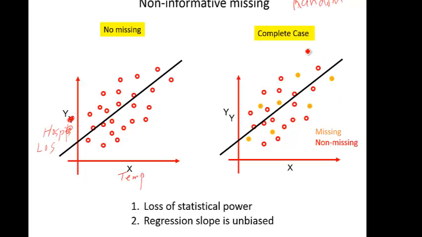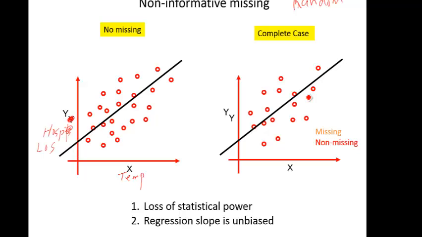And this shows a situation where you have random missing. So these orange dots are the data you did not observe. Okay, so in this case, even if you delete all these missing data, you probably will draw this line very similar to when you didn't have such missing data. So when you have random missing or non-informative missing, it doesn't really bias the association between temperature and hospital length of stay.